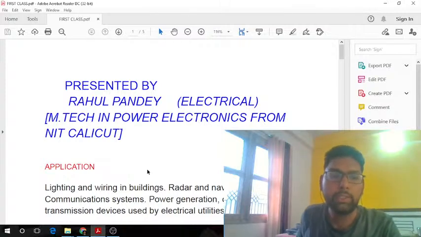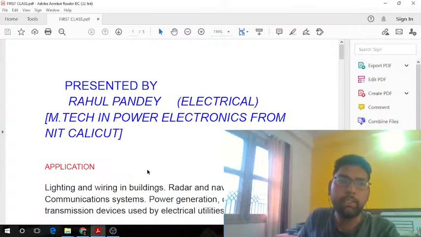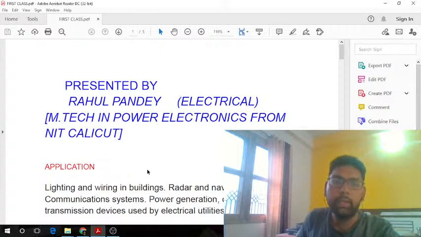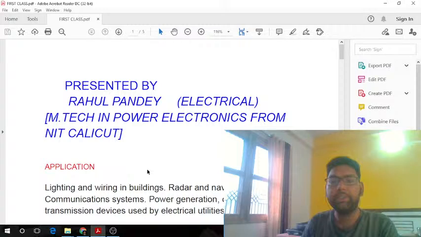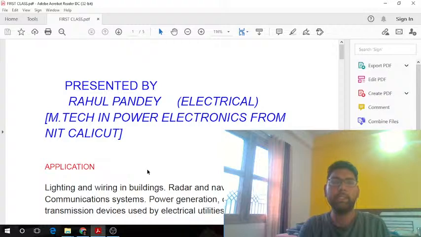We have to understand the application usage and its nature, the electricity nature. So first we have to focus on the application area. Electricity has many applications.